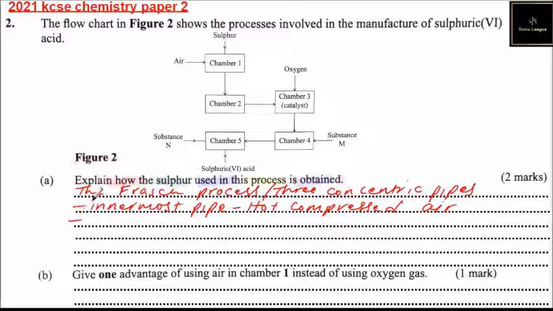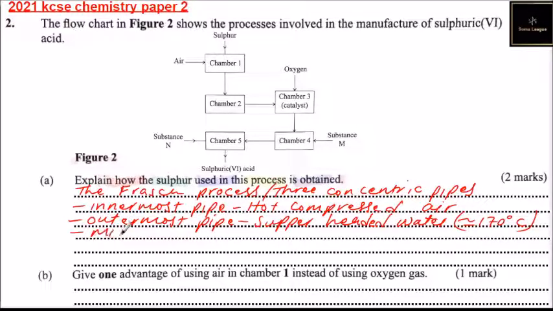Then we have the outermost pipe. The outermost pipe contains superheated water, about 170 degrees centigrade in terms of temperature.